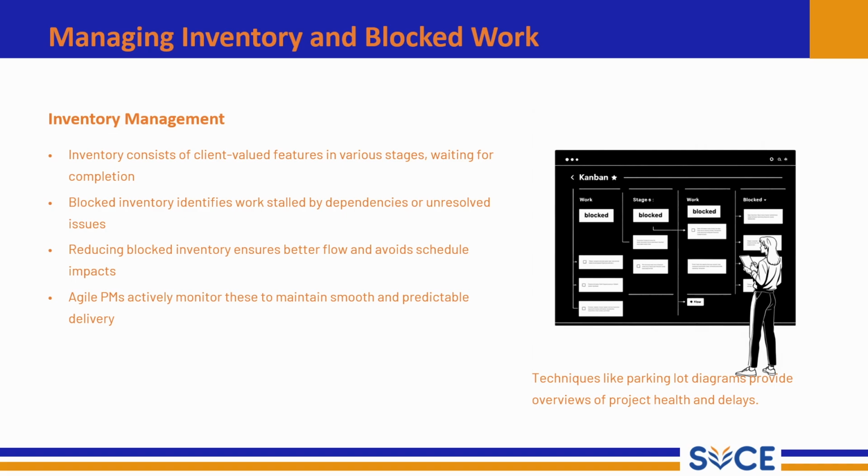In this diagram, the Kanban board highlights how work items are tracked and blocked. Tasks are made visible to everyone. So, effective inventory management and clearing blocks early help Agile teams maintain their delivery speed and project stability.